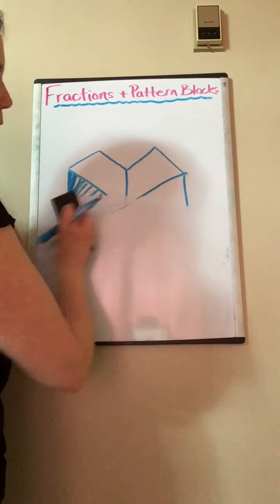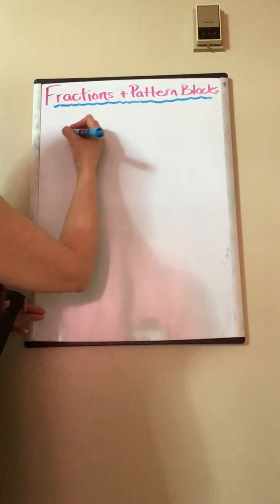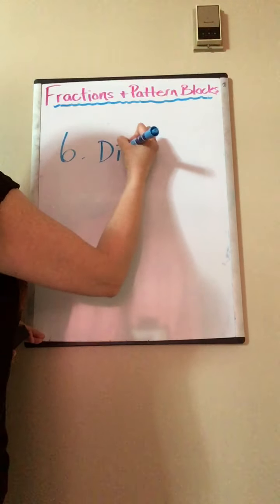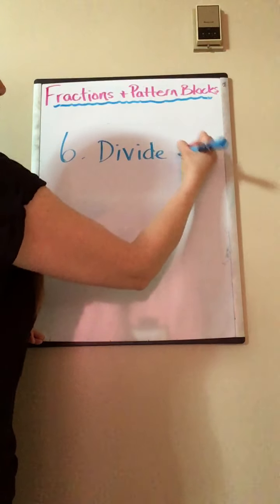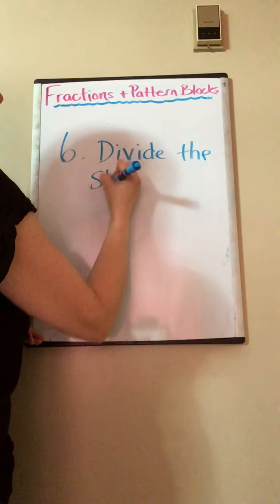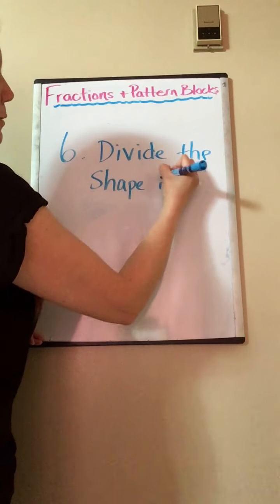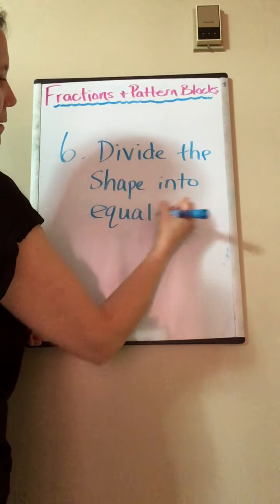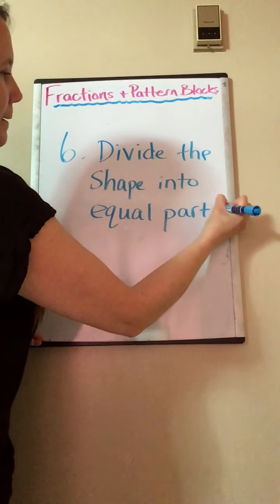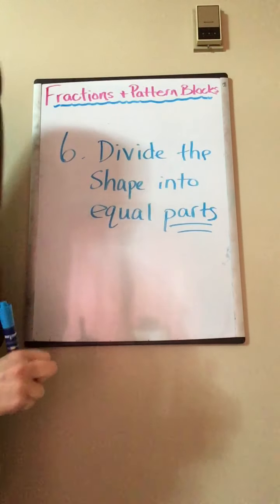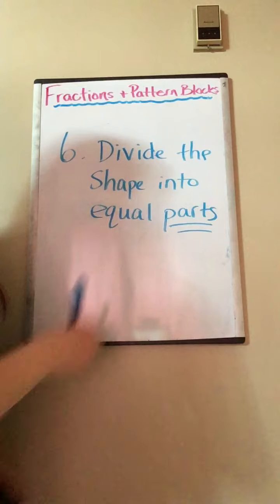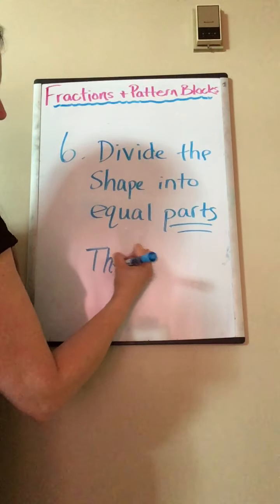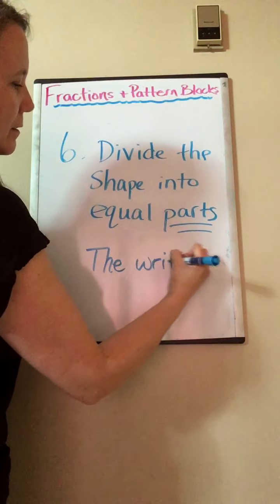So when you're doing question number 6, the first thing to do is to divide the shape into equal parts. Okay? That's important. Do that first. Divide the shapes into equal parts, then write the fraction.